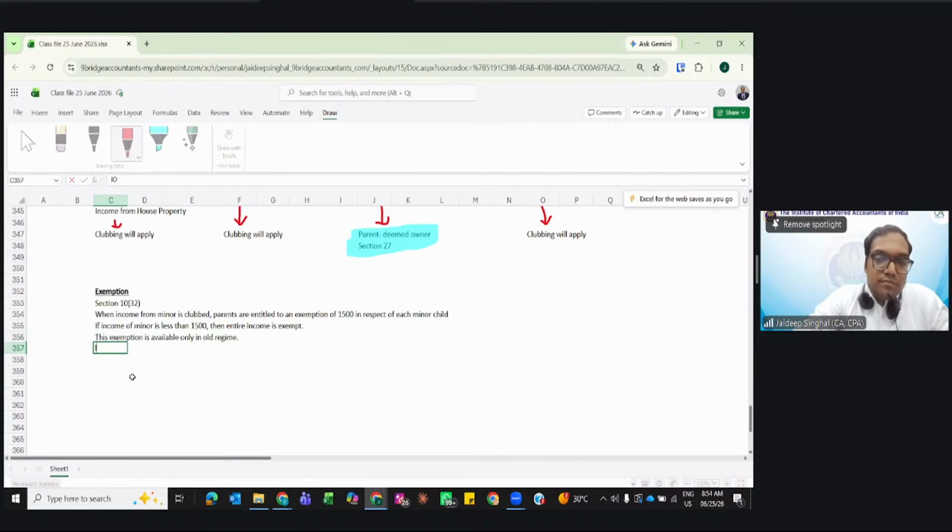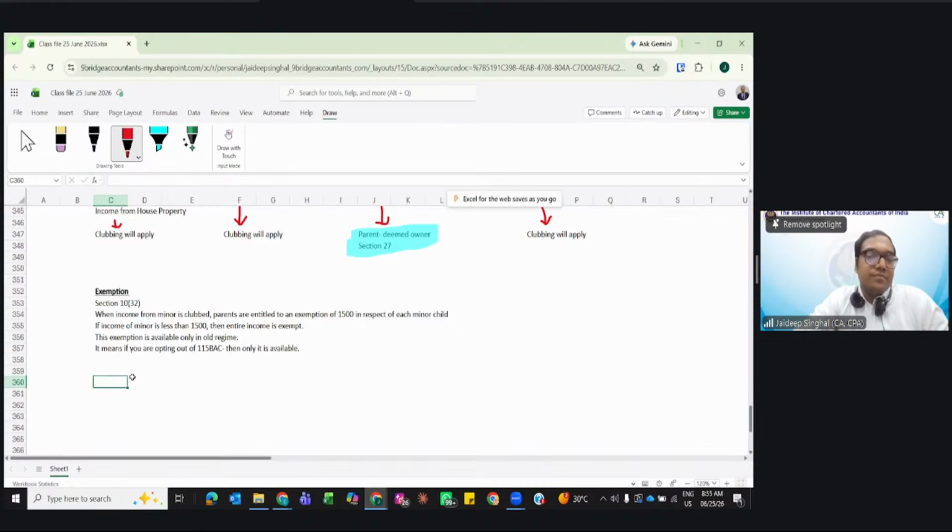It means if you are opting out of 115BAC, then only it is available. 1,500 is for the year, per annum. I'm giving examples, note them down.